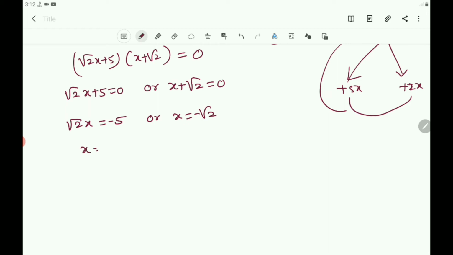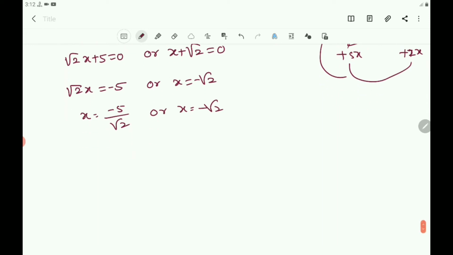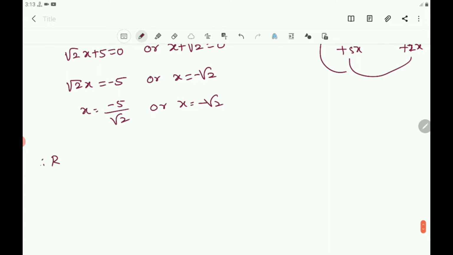Then x equals minus 5 by root 2, or x equals minus root 2. Therefore the roots are minus 5 by root 2 and minus root 2. These are the two roots.